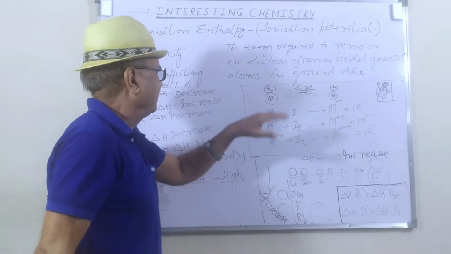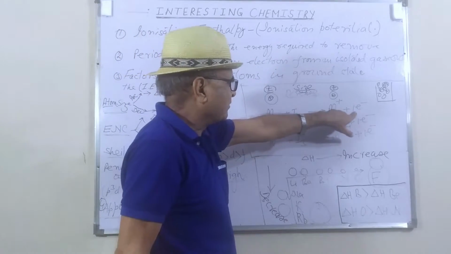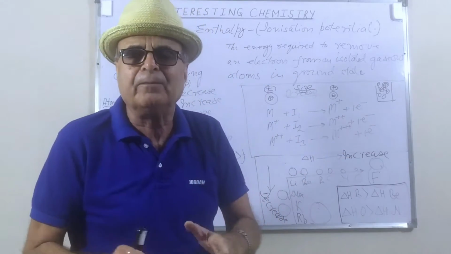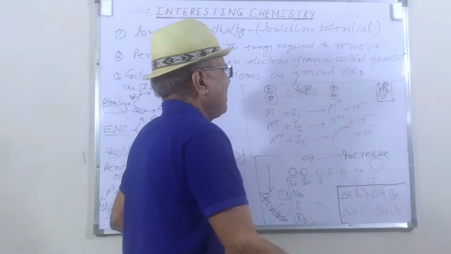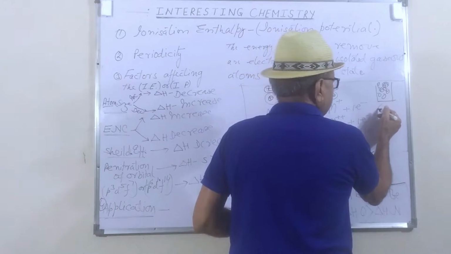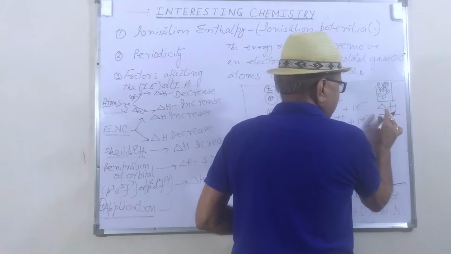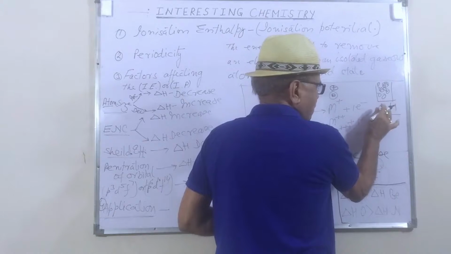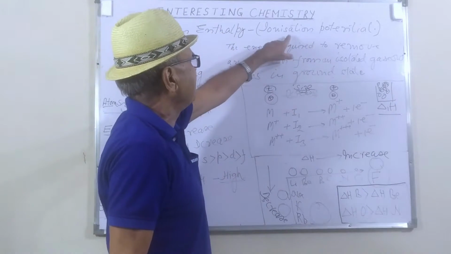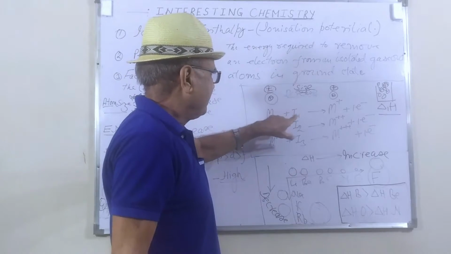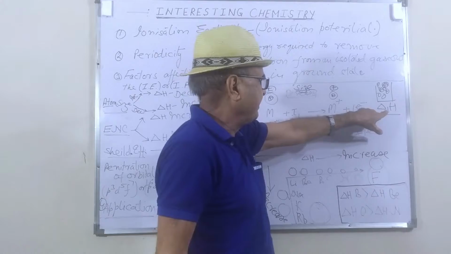When you remove one electron from an atom, that is called the first ionization. This shows the first ionization enthalpy. This energy is the ionization potential, and it is equal to the ionization enthalpy delta 1H.